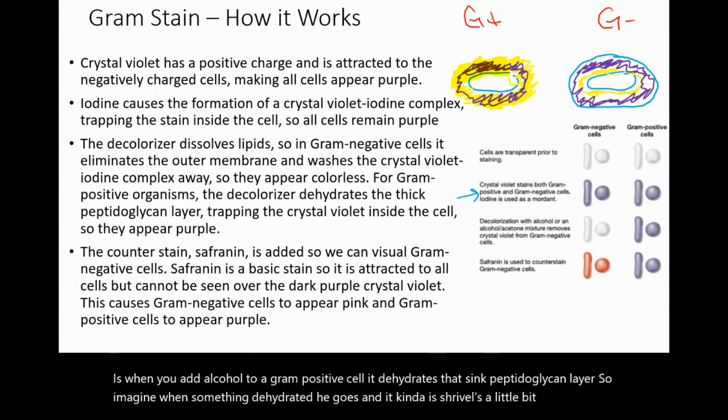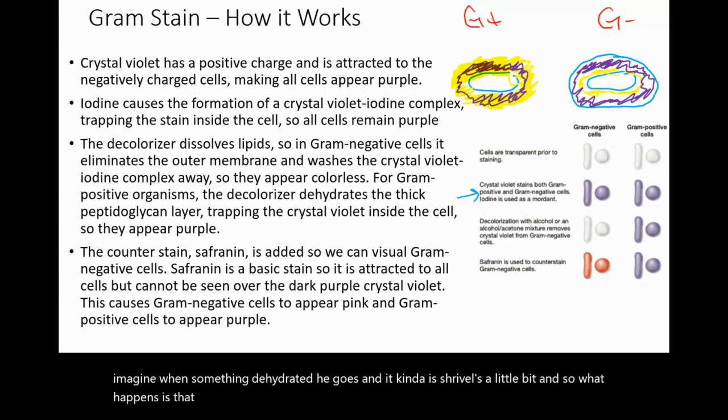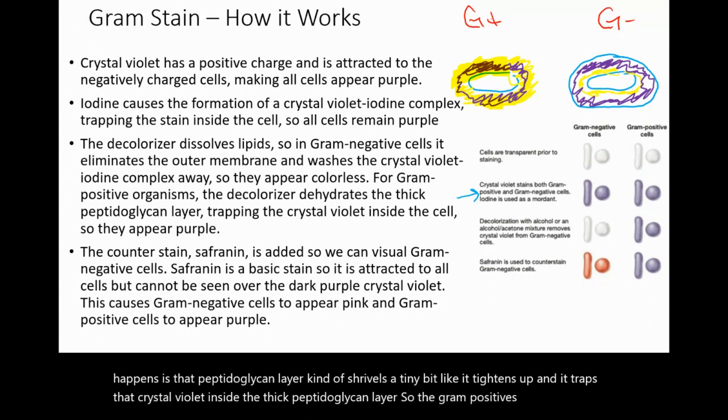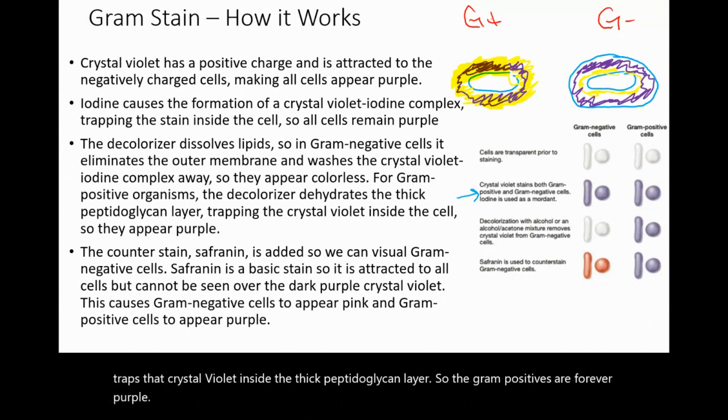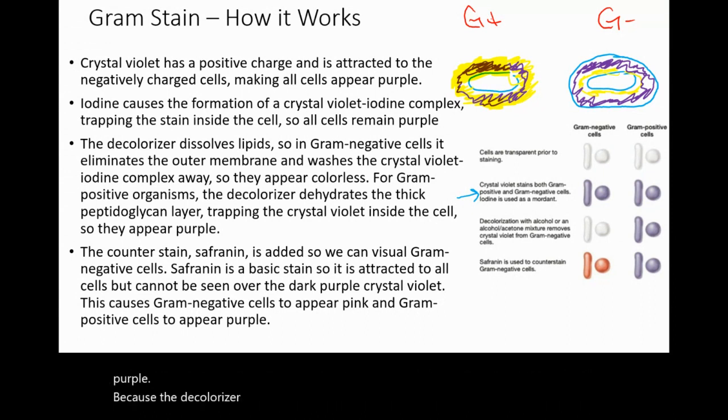And so what happens is that peptidoglycan layer kind of shrivels a tiny bit, like it tightens up, and it traps that crystal violet inside the thick peptidoglycan layer. So the gram-positives are forever purple, because the decolorizer, the alcohol, dehydrated that thick peptidoglycan layer, which traps the crystal violet inside.